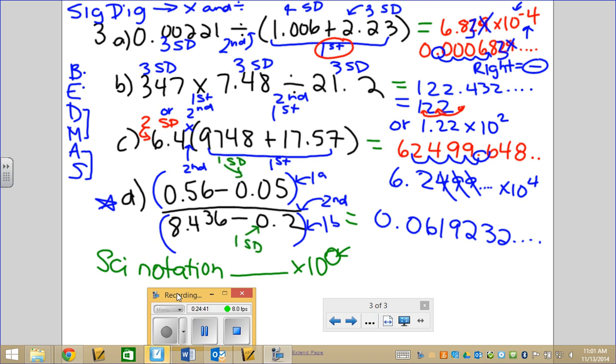There is only 1 significant digit in both of those values. 0.05 has 1 significant digit because those 2 zeros at the beginning don't count. Same thing with 0.2. So I could simply say 0.06, or I could say 6 times 10 to the power of -2. Either one of them would be acceptable as an answer.